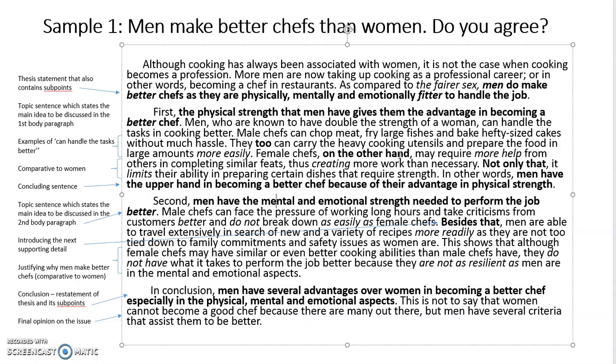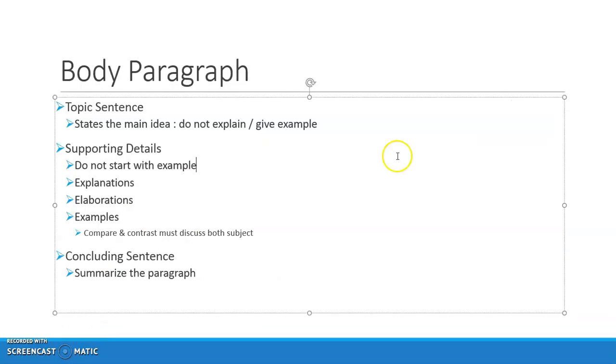Sometimes you do not need to mention both subjects. Sometimes you just have a comparative adjective that already suggests that this is a comparison of both. Say for example, you say men are stronger. Men are stronger.